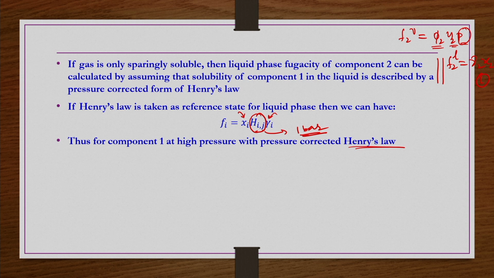So, there should be a pressure corrected form of Henry's law. So, this pressure corrected Henry's law applied for a component 1 at high pressure, then we can have F1L equals x1 H12 exponential of integral V1 bar infinity by RT dP, and then this integration from P to P S.